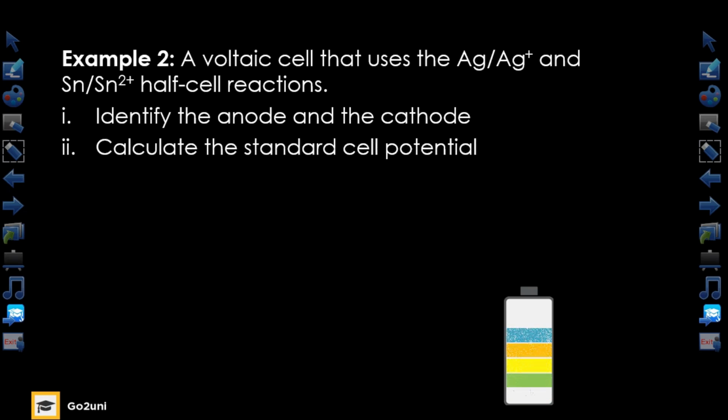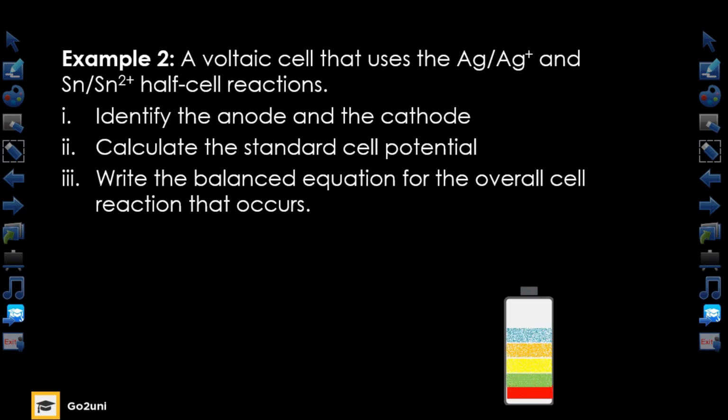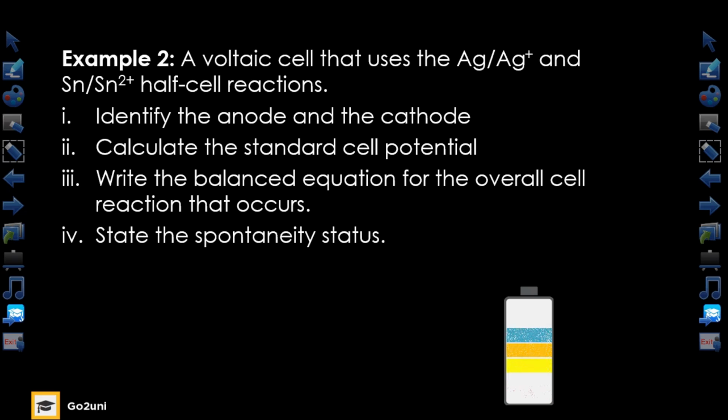We are also told to calculate the standard cell potential, write the balanced equation for the overall cell reaction, and state the spontaneity status. So what is the spontaneity status for this? That is what we are told to do.